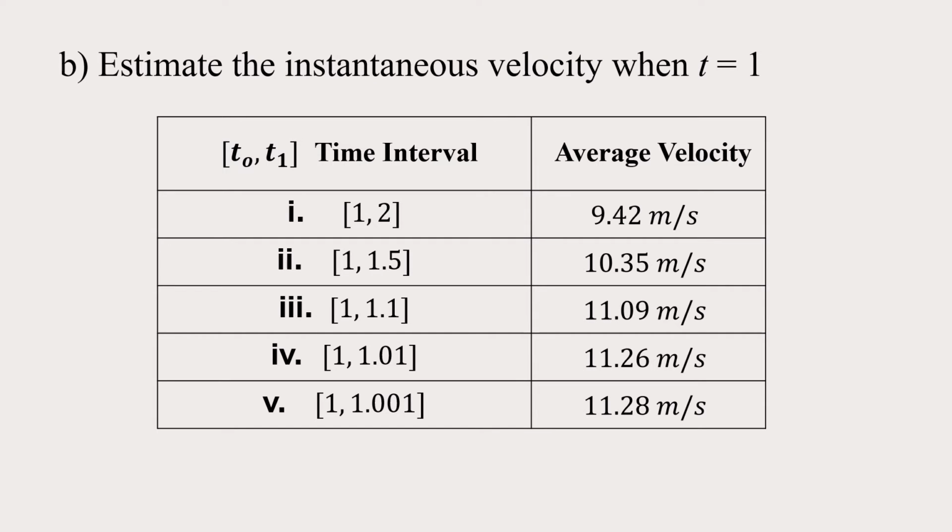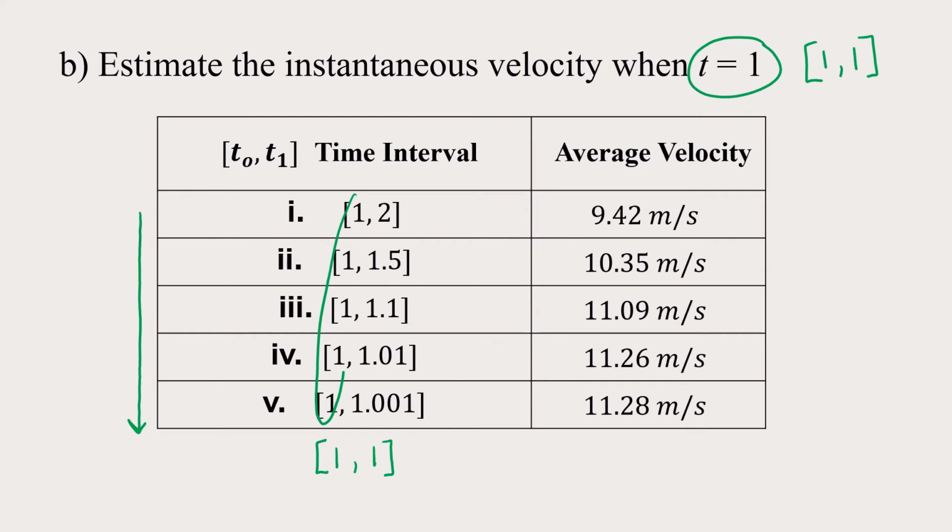In this case, we're looking at the instantaneous velocity when t is equal to 1. When t is equal to 1, that means that we're looking at the time interval from 1 second to 1 second. Just in that moment, what is the velocity? If you look at the time intervals here, they're arranged in such an order that as we go down our table, we're getting closer and closer to that time interval 1, 1.